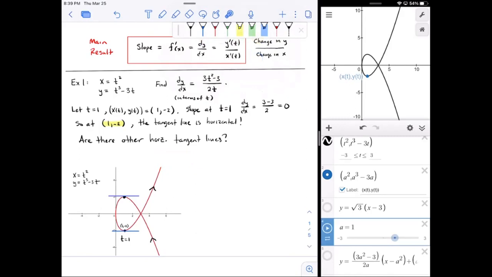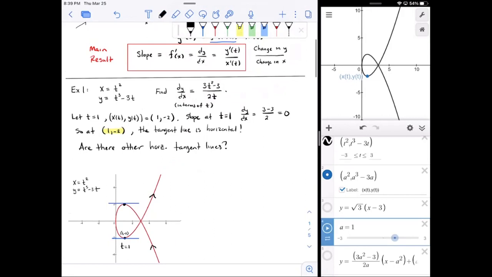So how are we going to answer that question? Well, these slopes, you can still see the main result at the top of the screen there, y prime over x prime. A tangent line is horizontal when the slope is 0.